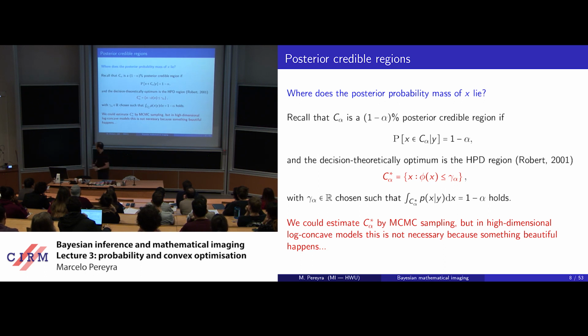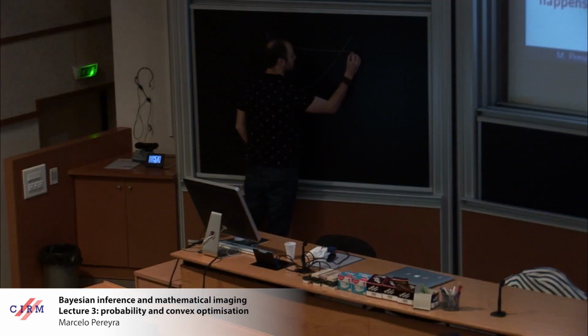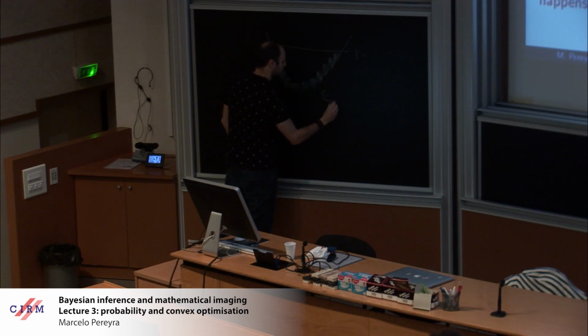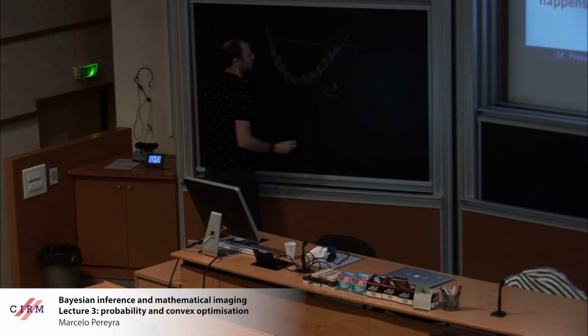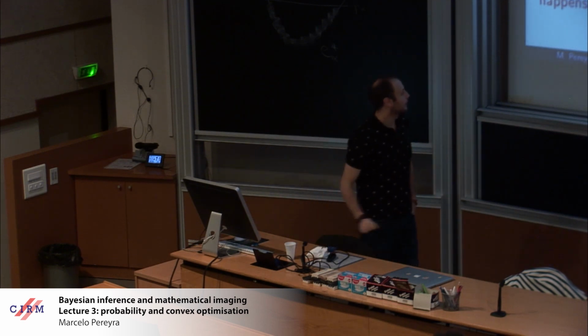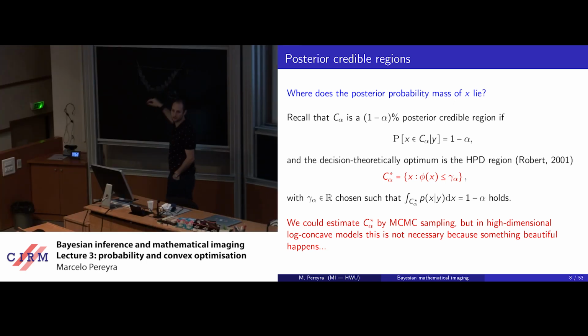So if my cost function to compute the MAP estimator looks like this, what this says is that any value that is below gamma of alpha defines what I'll call C alpha star. So that's my set of solutions. And the gamma level has to be chosen such that the probability of X having a cost that is below gamma of alpha is 99%.